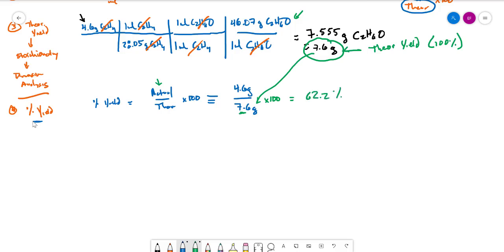Sticking to the fact that we only have 2 sig figs in either of these numbers, we can only report this number with confidence to 2 sig figs. So that tells us that this reaction, the industrial production of ethanol in our instance, because we only obtained 4.7 grams in reality and we were supposed to obtain 7.6 grams if 100% was converted, means we were only 62% efficient in our synthetic process.